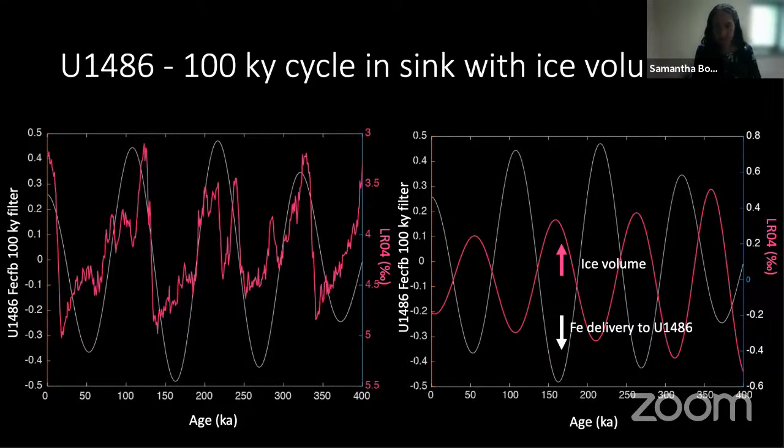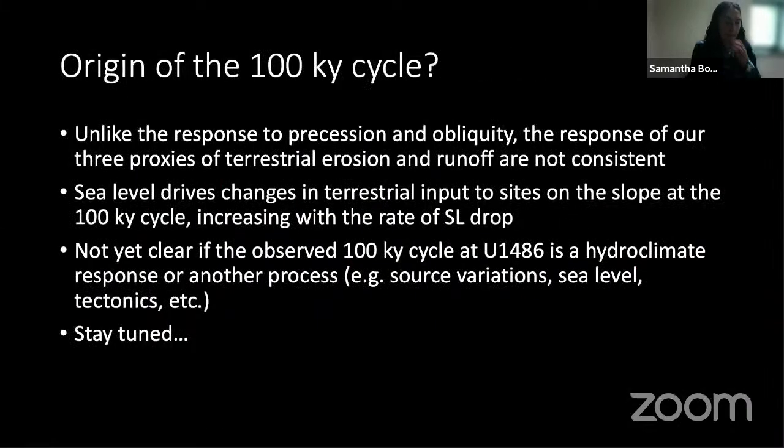And so this might suggest that unlike 1485, perhaps 1486 is more related to changes in climate. Well, 1485 is related to climate too, but the sediment transport there is related to sea level, whereas the sediment transport to this site may be related to changes in hydroclimate. But given the fact that the response of our three proxies are not consistent, we're hesitant to be too confident in any of this yet, and it needs a little bit more work.